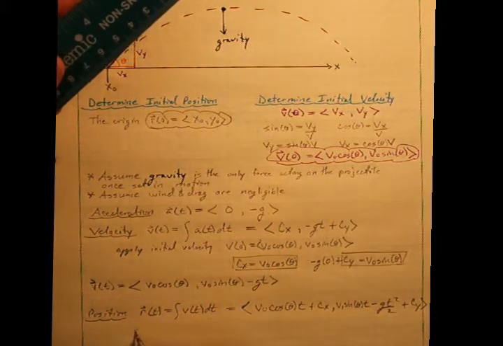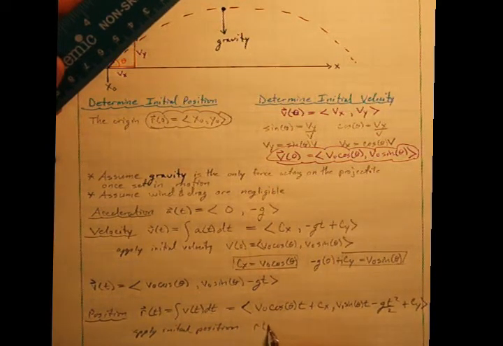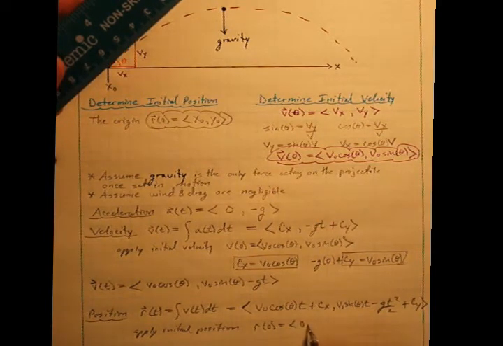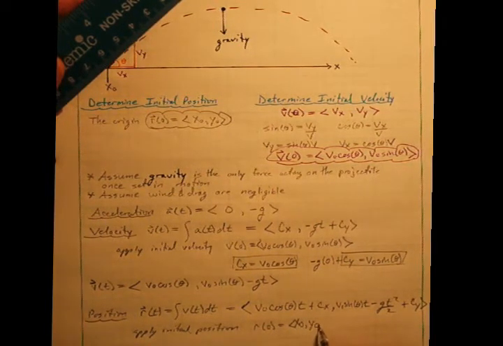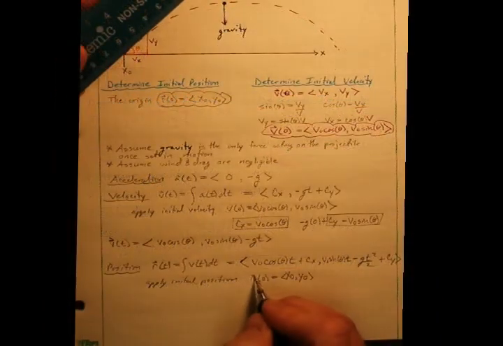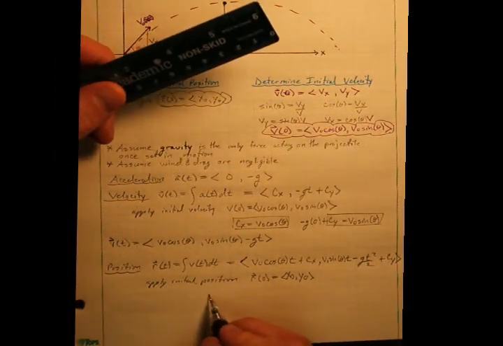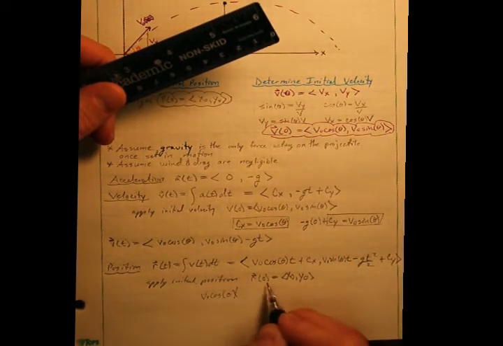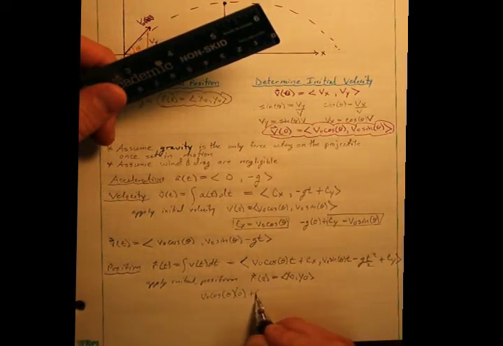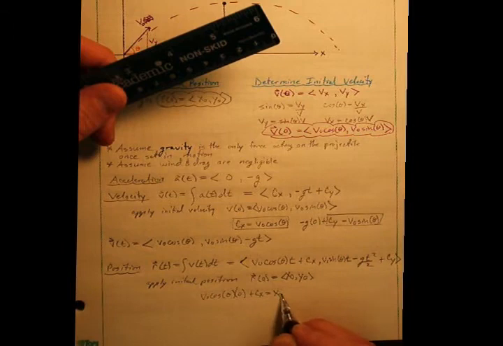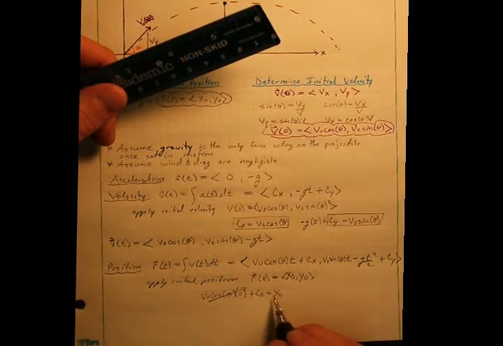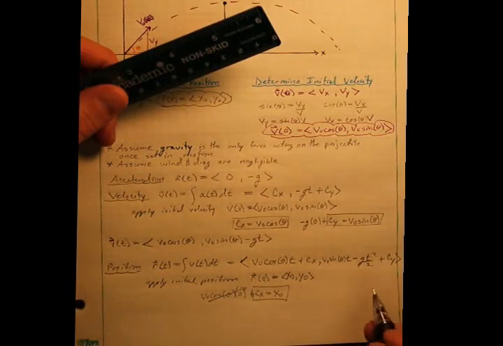So as I apply my initial position, r of 0 equals x naught, and y naught. Okay, so as I take my x component, v naught cosine theta times 0 plus c sub x equals x naught, in which case this goes to 0 and c sub x equals x naught.